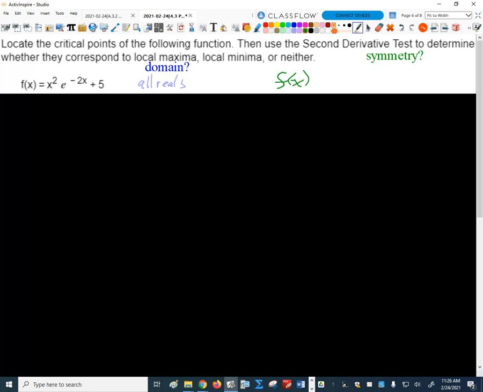So what is f of negative x here? That's going to give us negative x squared, which is the same as x squared, but then I'm getting e to the negative 2 times negative x. I'm getting e to the 2x plus 5. Okay, everybody agree?